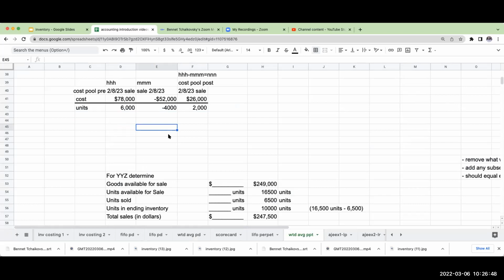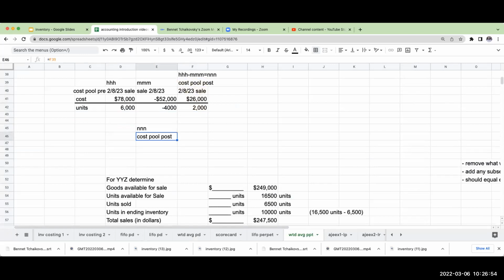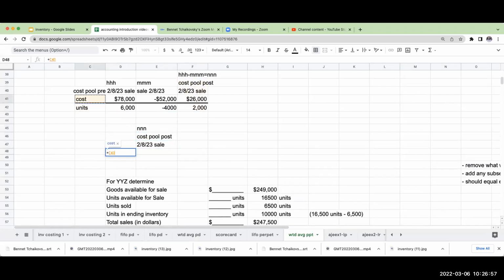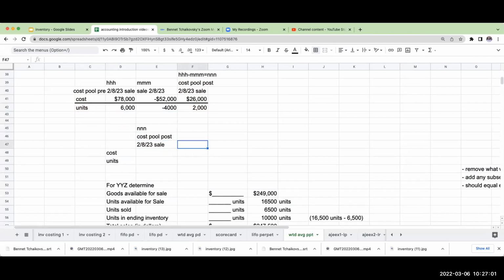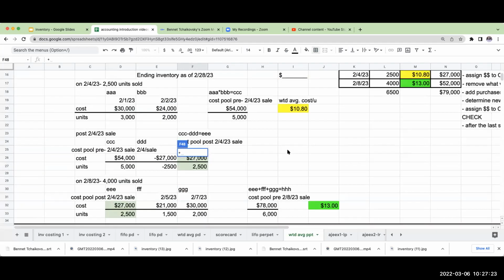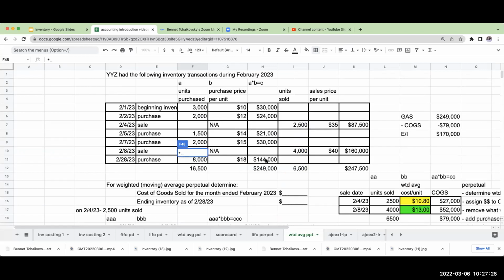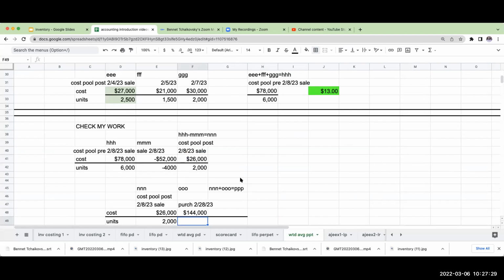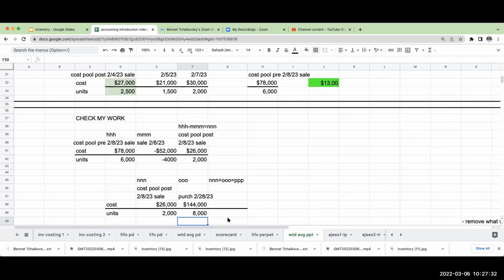So why is this not adding up? If I take my cost pool post 2/8/23 sale, 26,000 divided by 2,000, and then add in my purchase from 2/28/23, right, I had a purchase after my last sale, this is going to be 144,000 divided by 8,000.